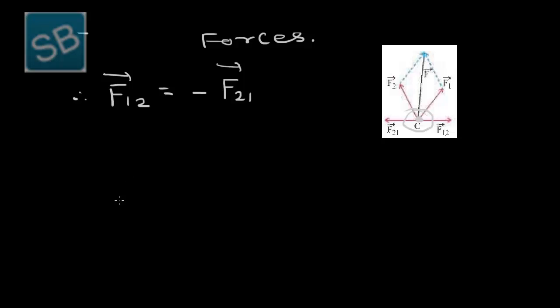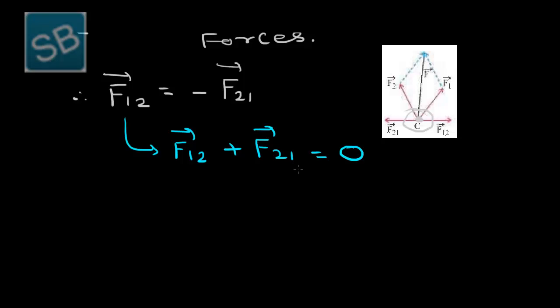So let's move further to some further description. According to this law, which is nothing but Newton's third law of motion, with the help of this theory F12 plus F21, which is the resultant internal force, is 0.